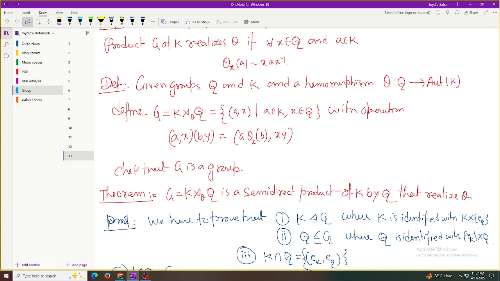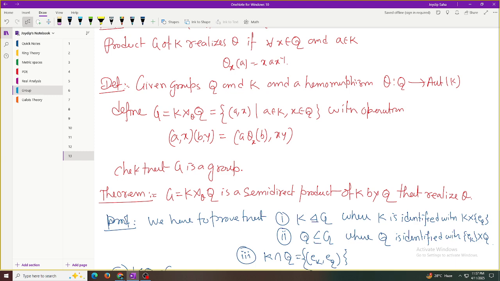Now if I ask you to find or classify all groups of order 12, or order 16, 18, use this type of groups.